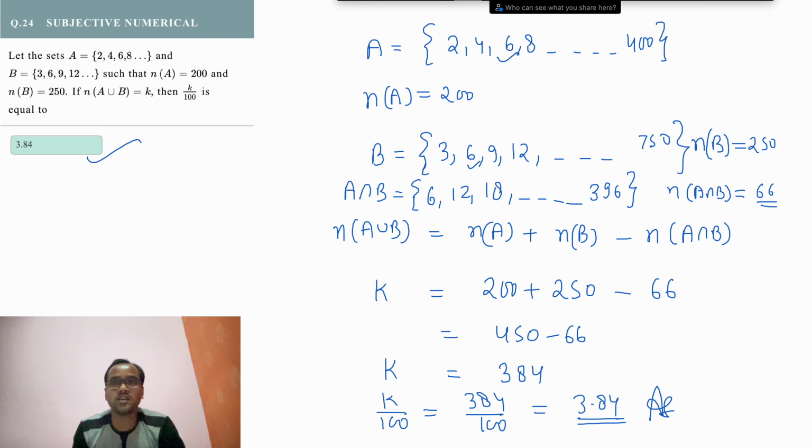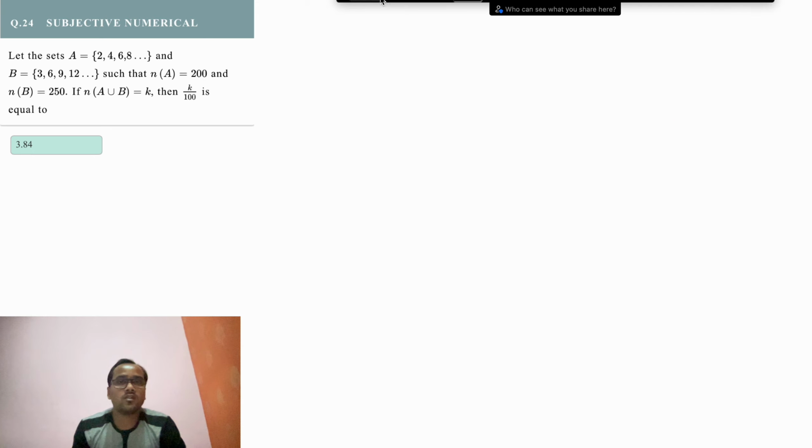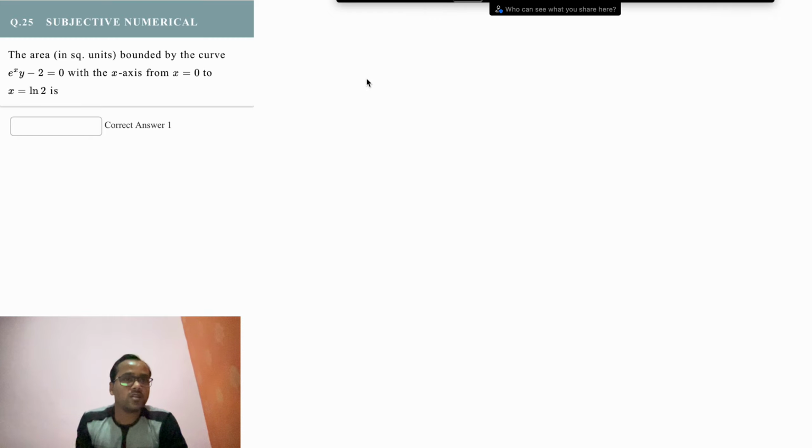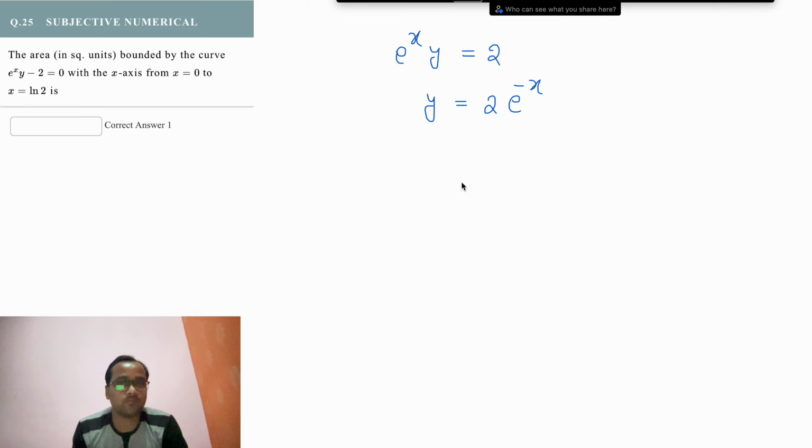Question number 24 is clear, I guess. Now come to question number 25, which is our last question. In this question, we need to find the area bounded by the curve with the x-axis from 0 to ln 2. What is this curve? e raised to the power x into y is equal to 2. So we can write it as y is equal to 2 into e raised to the power minus x.